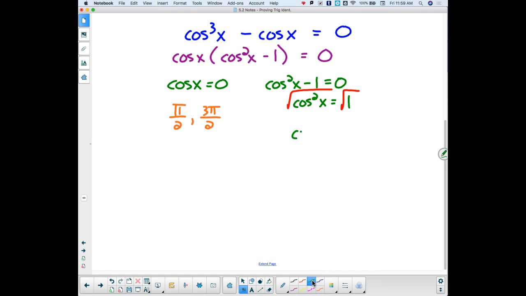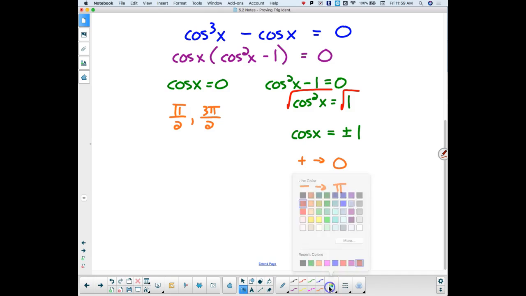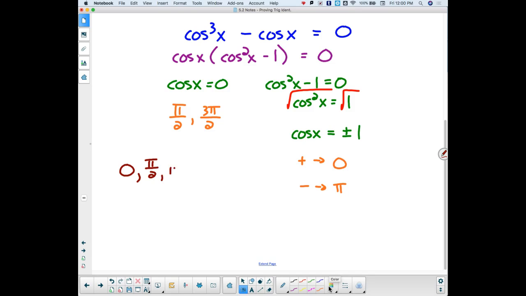That gives me cosine of x equals plus or minus 1. So cosine is equal to positive 1 at 0. Cosine is equal to negative 1 at pi. So my final four answers here are 0, pi over 2, pi, and 3 pi over 2.